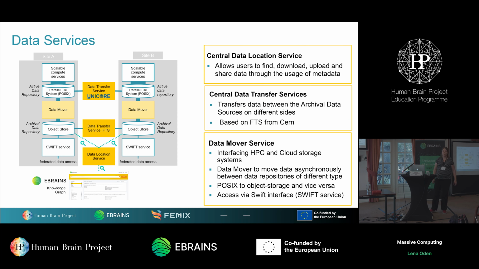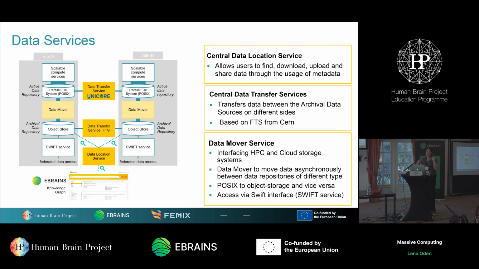So talking now about what kind of services we actually offer, which are probably not directly used by eBrains users, but more by the people developing tools on top of eBrains. These are the data services. On one side we have the central data location service. If people store big data sets, and usually these big data sets should be stored in the object storage, which is the cloud storage we're providing, you have to find them.